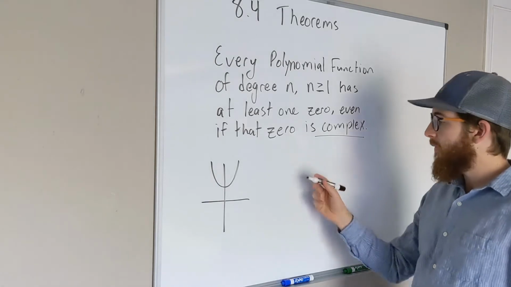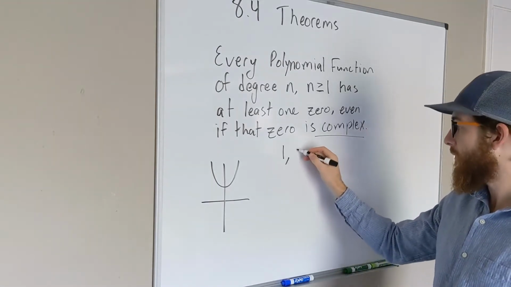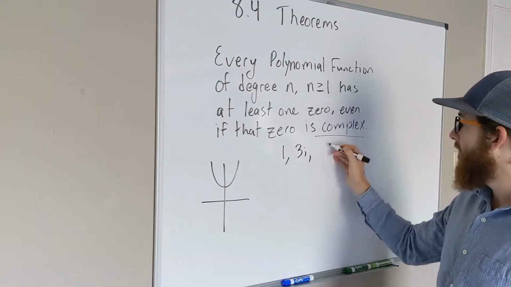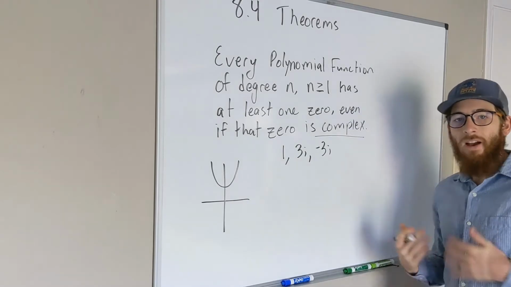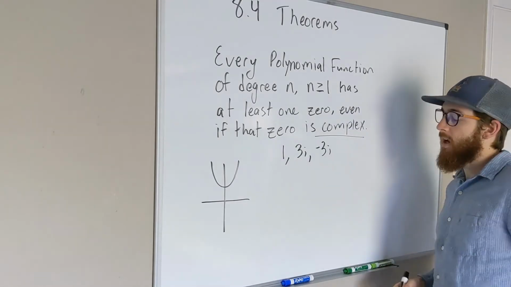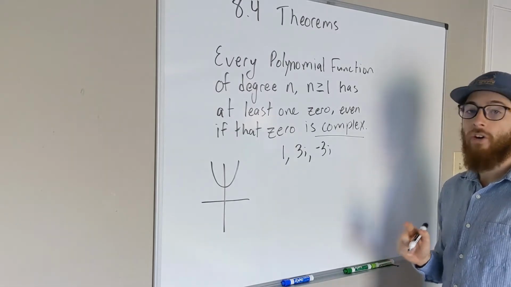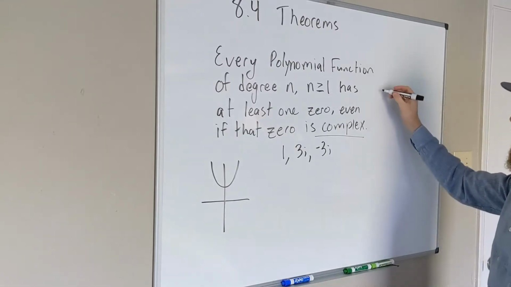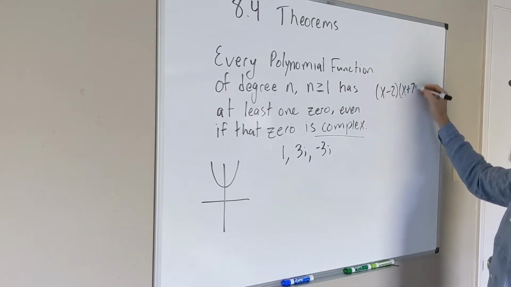Okay, so what if I said I have three zeros, 1, 3i, and negative 3i? Well, how can I represent the function that comes from these zeros? Remember, zeros are always linear factors. In other words, it's always x minus 2, x plus 7.